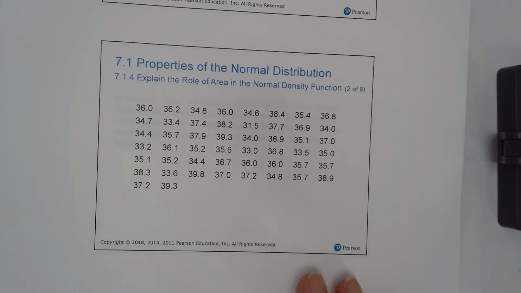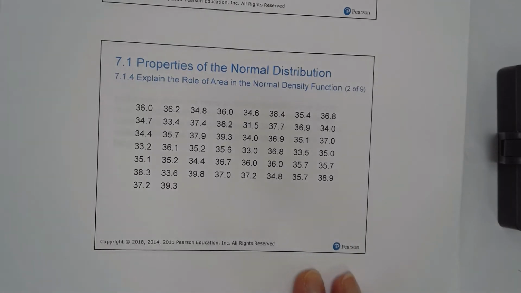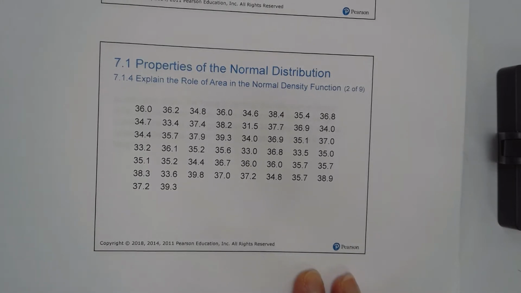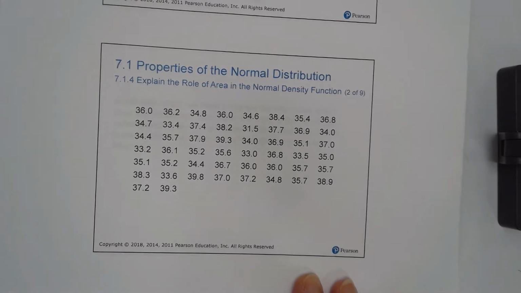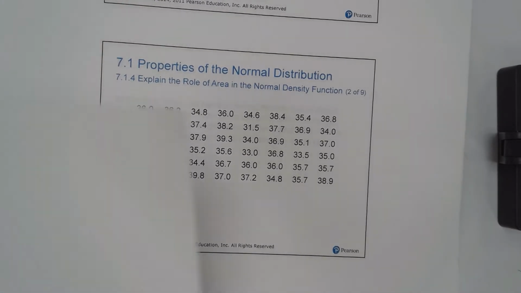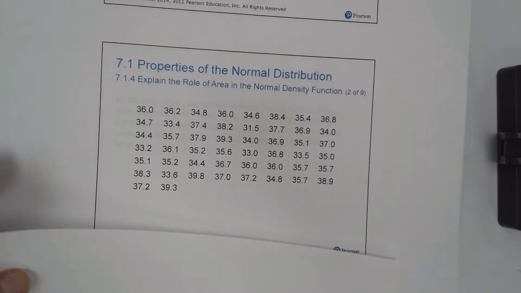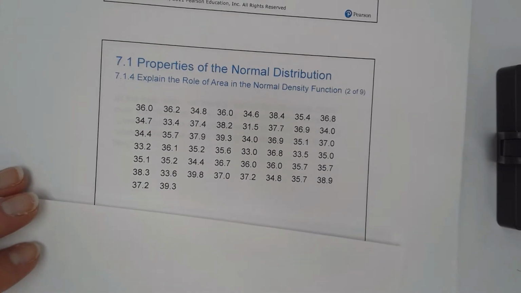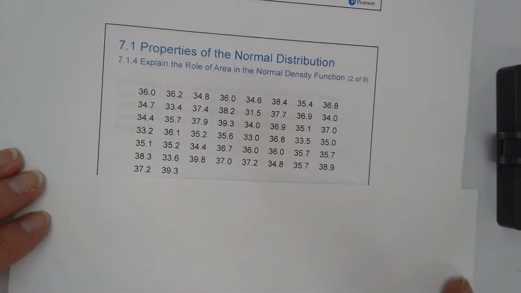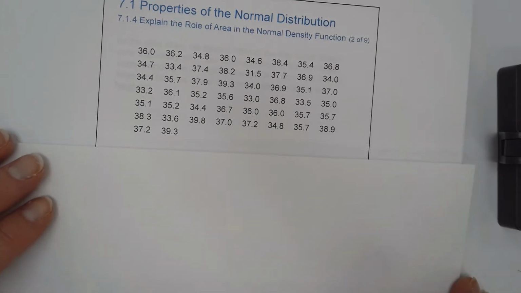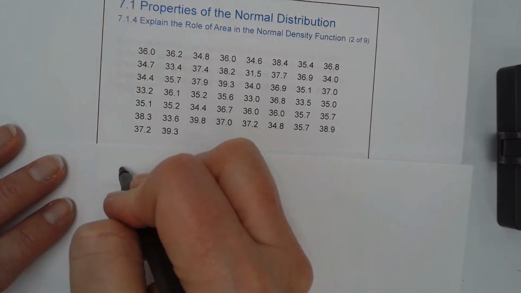All right, so it says to draw a histogram. Again, we did this back in chapter 2, but in order to draw a histogram of this, it says to use a lower class limit for the first class of 31.5.